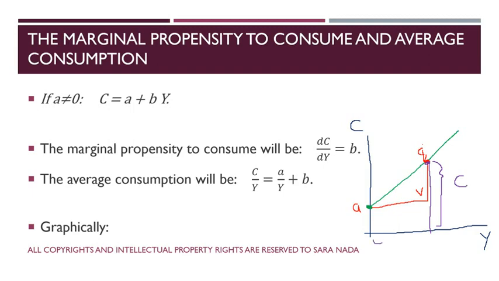The Y is this value here. So this is representing the Y. Okay. So where is the average consumption? The average consumption will be this triangle Q, Y, and 0. Okay.